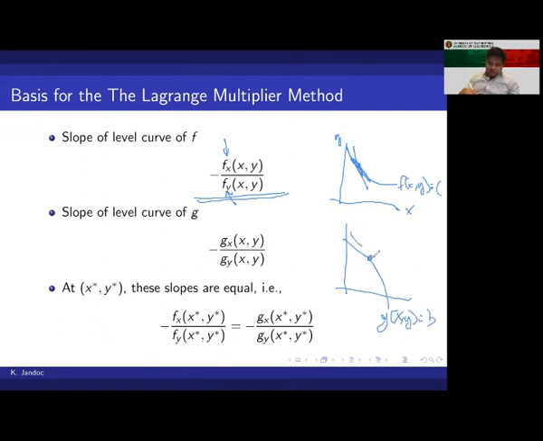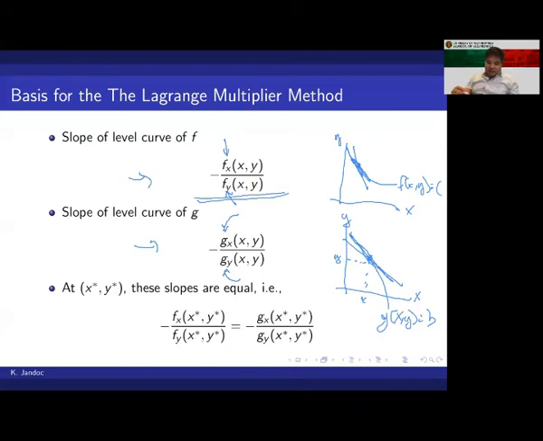To get the slope at a certain point x y, via the implicit function theorem, this can be expressed as negative g_x divided by g_y, where g_x is the partial derivative of the function g with respect to x, and g_y is the partial derivative of the function g with respect to y. Again, these two are offshoots of the implicit function theorem.